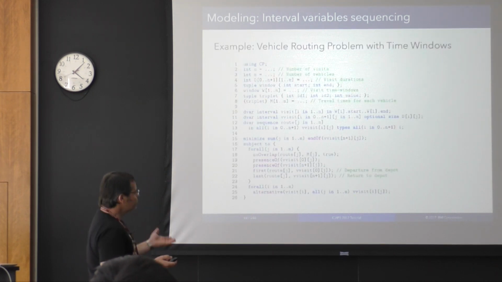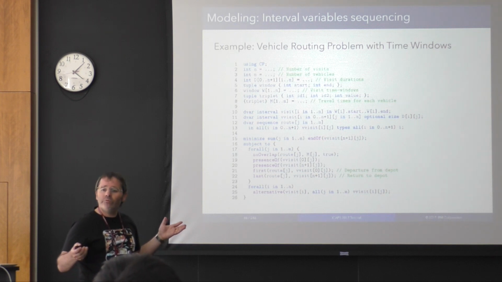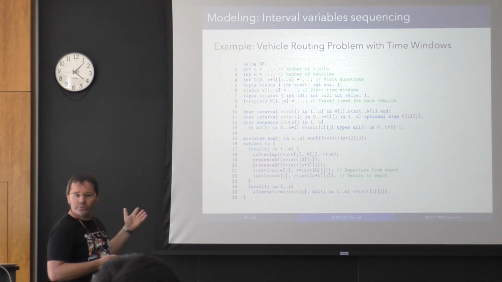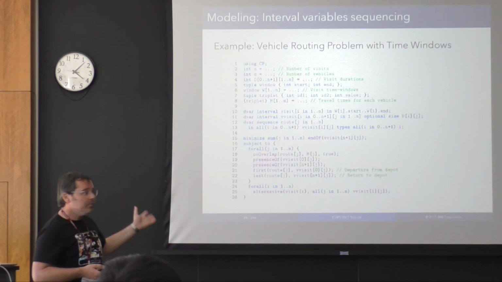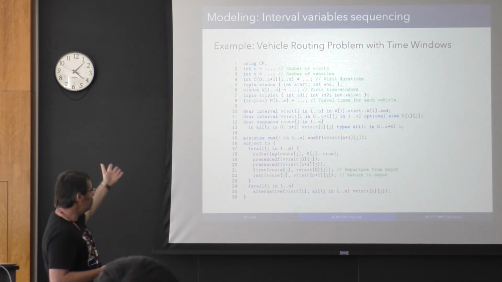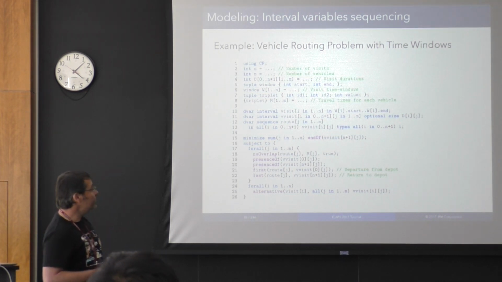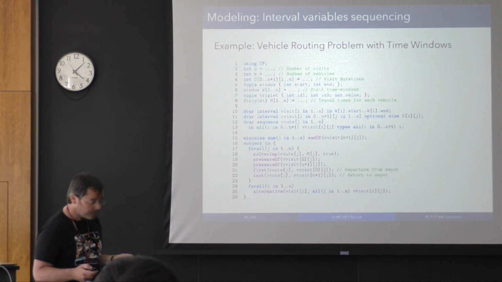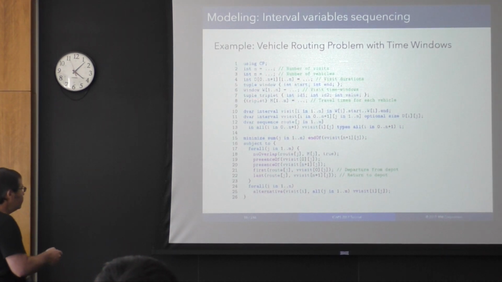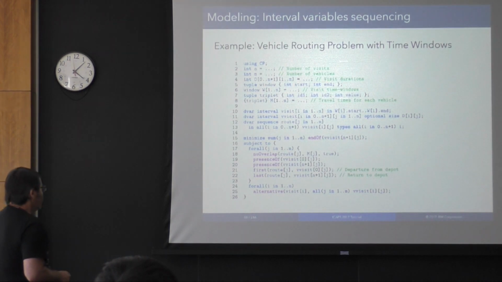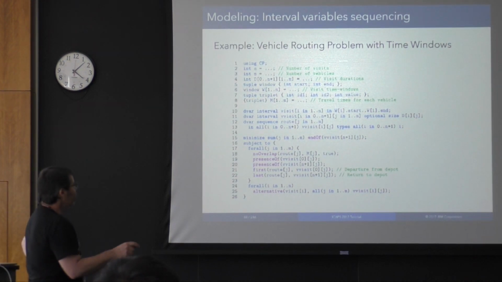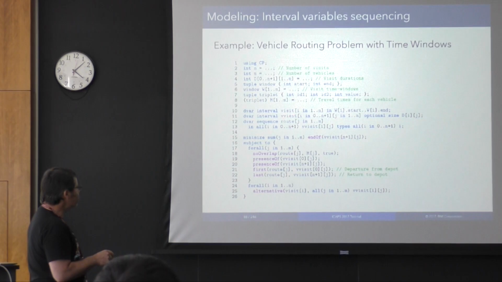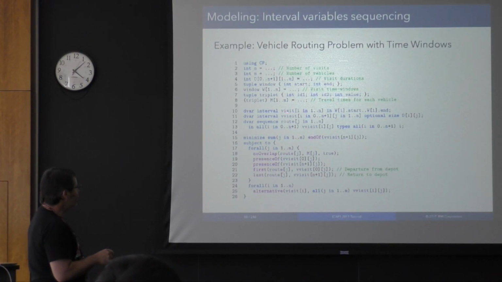So yes, probably you have guessed the type of model we want to use this for. Typically, for instance, this is a complete model for a vehicle routing problem, VRP with time windows. This is a complete model, even including the data here. Again, I won't enter into all the details, but what you do is that you have an interval variable for a visit.